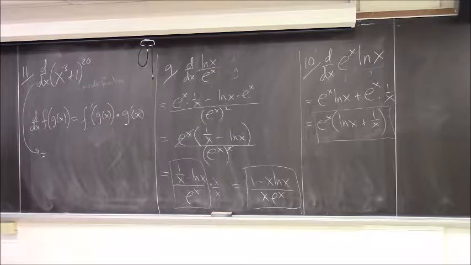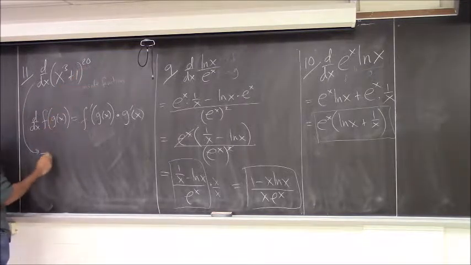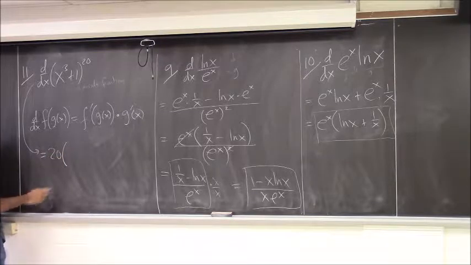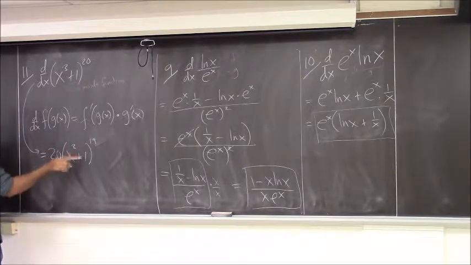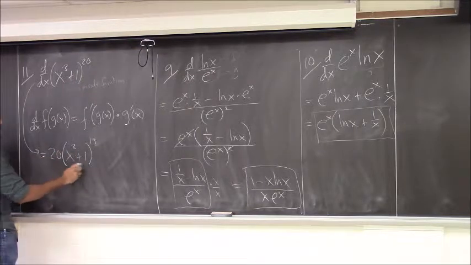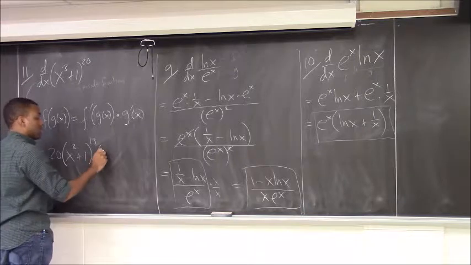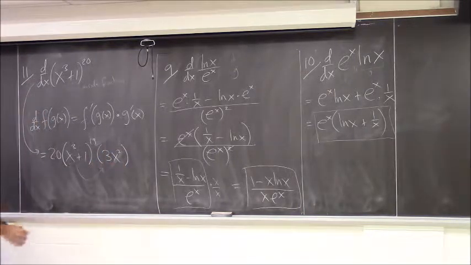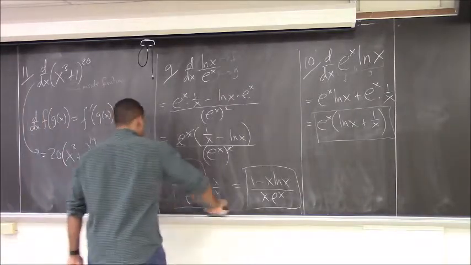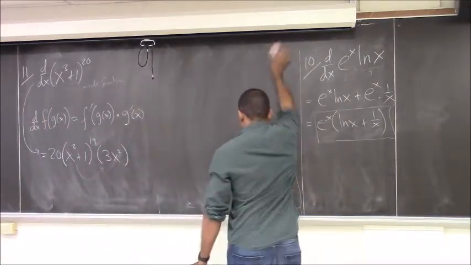Okay, so let's apply that here. So I would differentiate the outer function, which is the 20th power, and bring that down. Leave the inside intact. Then I want to multiply by the derivative of the inside. So this will give me 3x squared using the power rule. Notice I put parentheses here, even though it's not necessary.